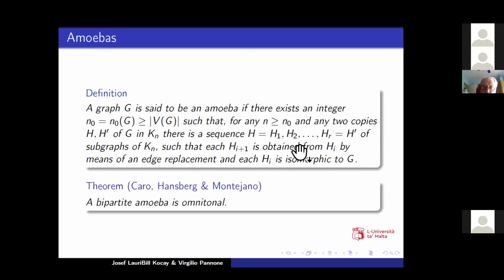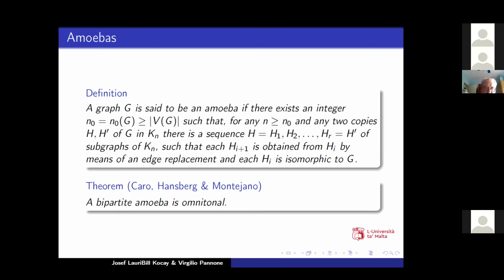And why is that? Well, because a bipartite graph, and you can tell even intuitively without going to a detailed proof, that a bipartite graph which is also an amoeba is omnitonal. Why? Because when you start with one which is completely red, and you start moving to one which is completely blue, first they must exist, but then when you move from one to the other, you're changing one edge at a time.